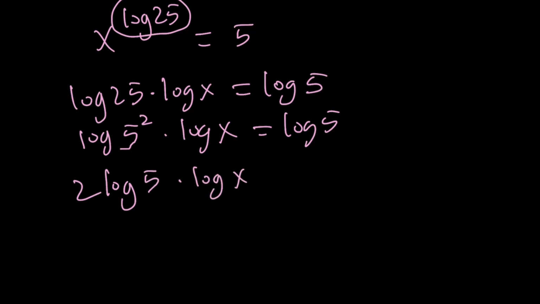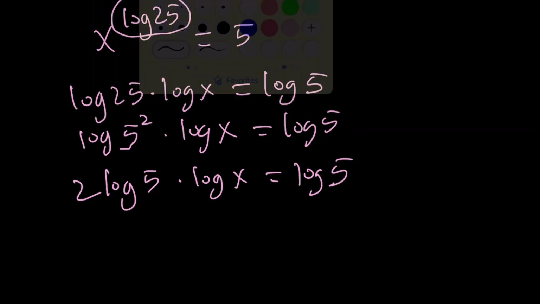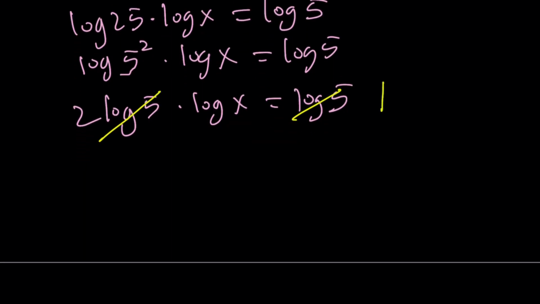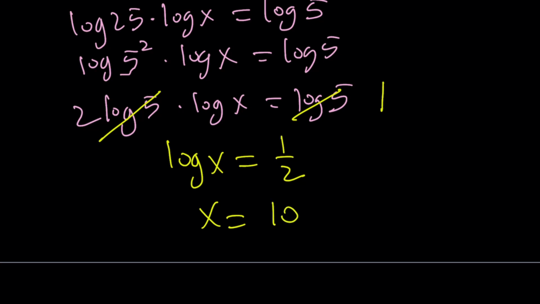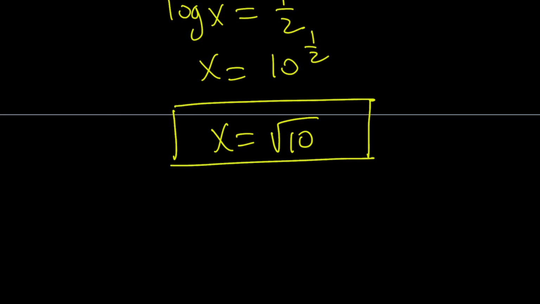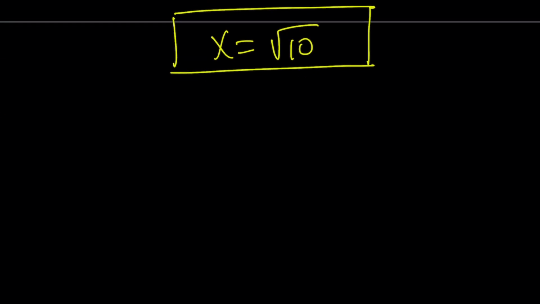And log 5 is not 0, so we can go ahead and cancel that out. And that gives us 2 log x equals 1, and log x equals 1/2. Again, x equals 10 to the power 1/2, and that's going to give us square root of 10 as normal. That's the second method, and this brings us to the end of this video.